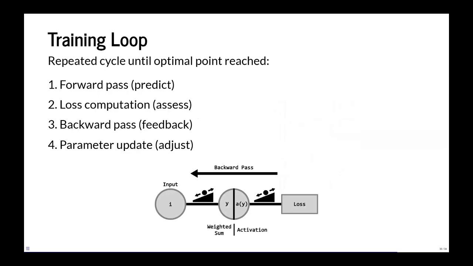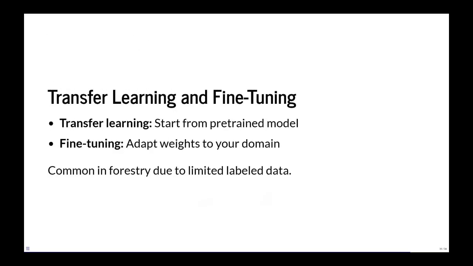You might have also heard of a training loop, which is related back to the prediction feedback loop. This repeated forward pass is where we predict, then we compute our loss, which is the assessment. We then have a backward pass, which is our feedback, and then a parameter update, which is our adjust. This is how we train these different models.